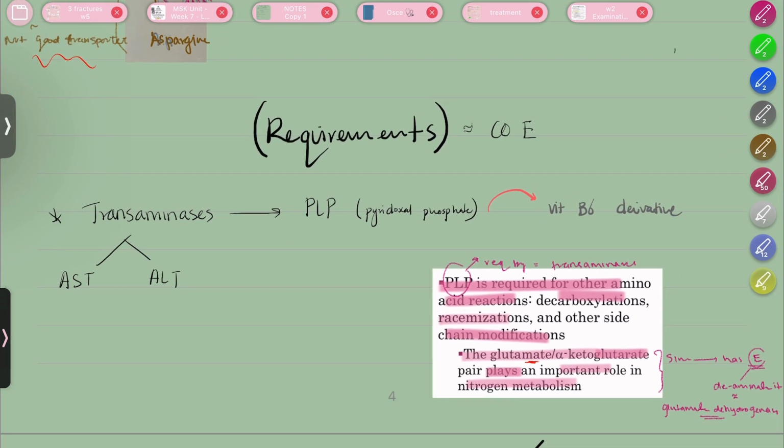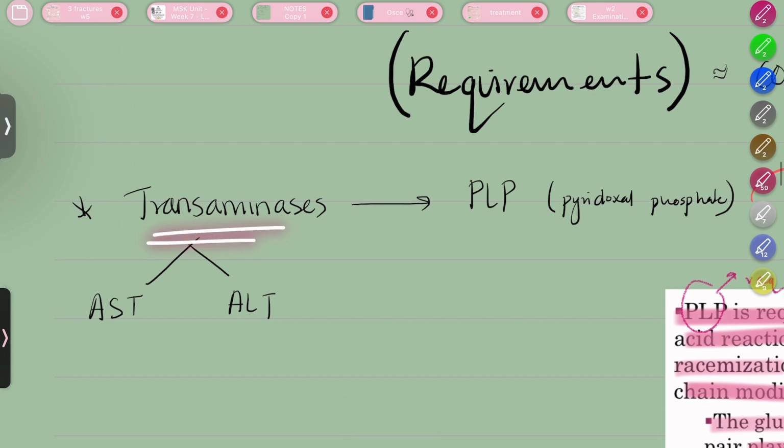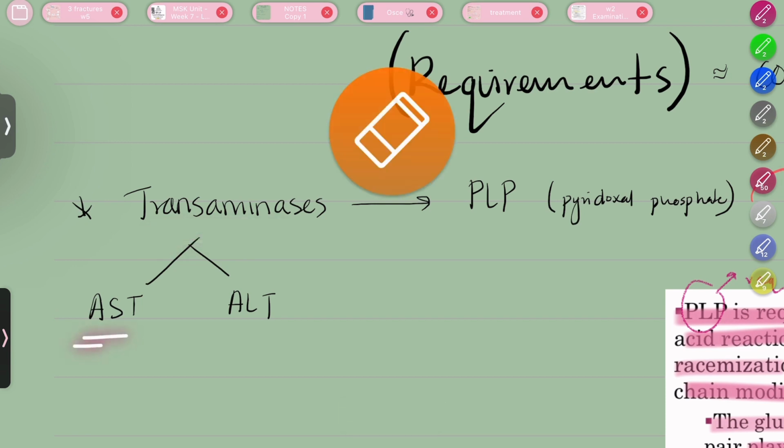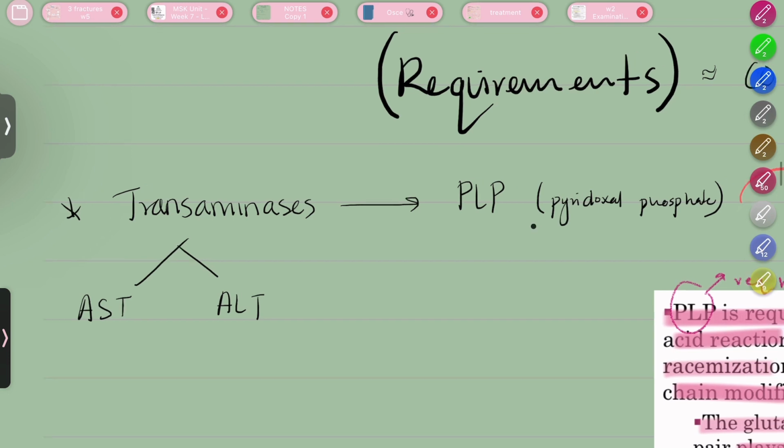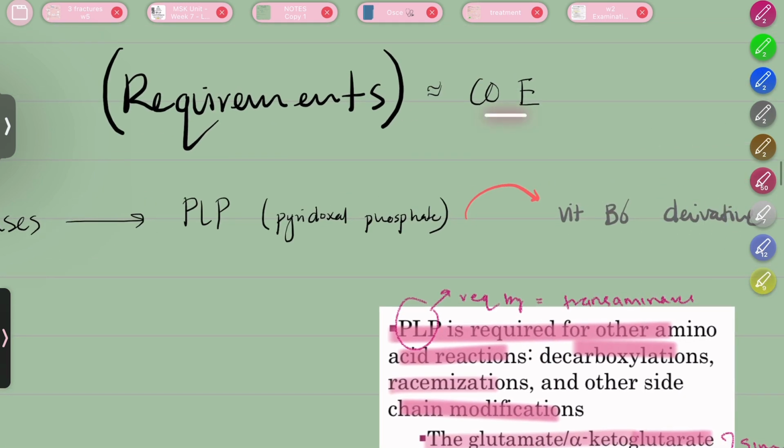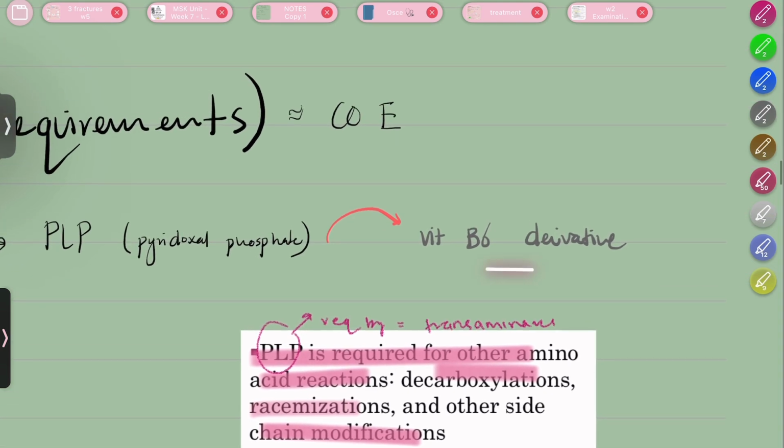Now, a very important point before we start talking about the urea cycle: I don't like to complicate stuff and put it all together, therefore I've put it in a separate place. We know that transamination reactions, or specifically the transaminase enzymes, which are the aspartate transaminase and the alanine transaminase, require a coenzyme, which is the pyridoxal phosphate, also known as the vitamin B6 derivative.